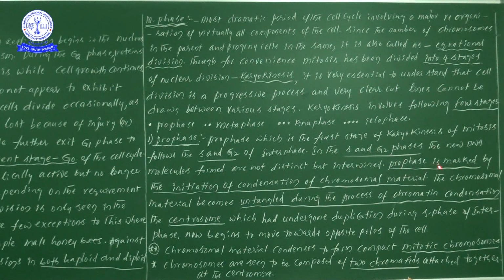Next, prophase is marked by the initiation of the condensation of chromosomal material. This is an important point. Among the main points we have to remember under prophase, you can see the two underlined lines: prophase is marked by the initiation of condensation of chromosomal material.